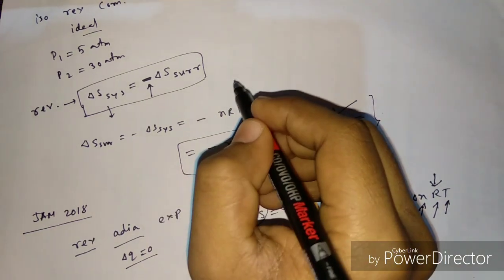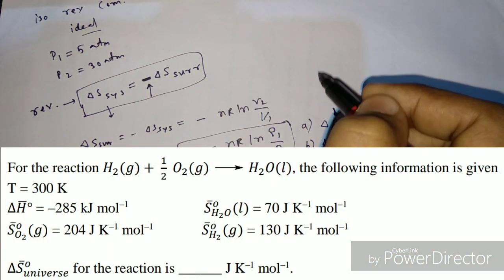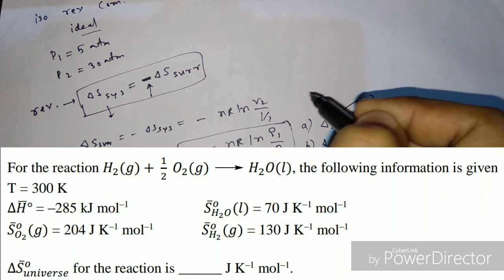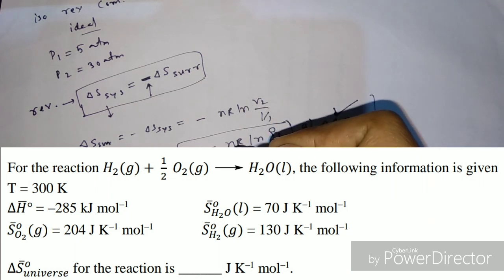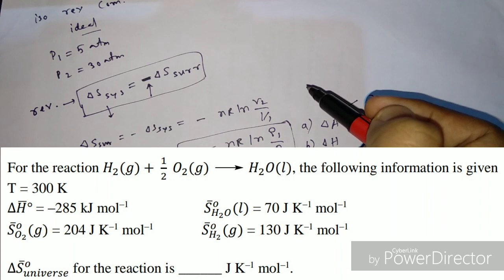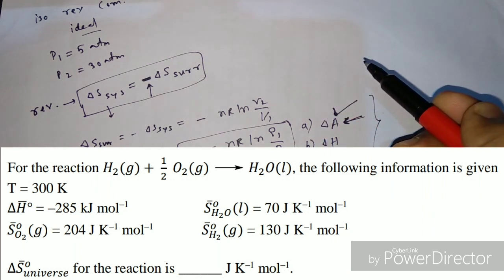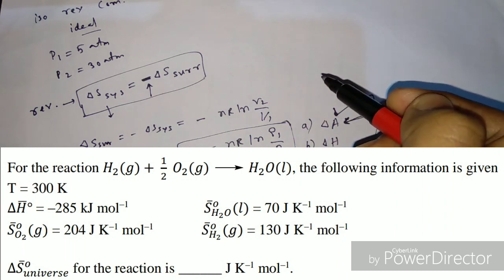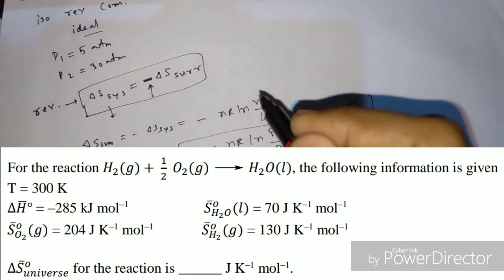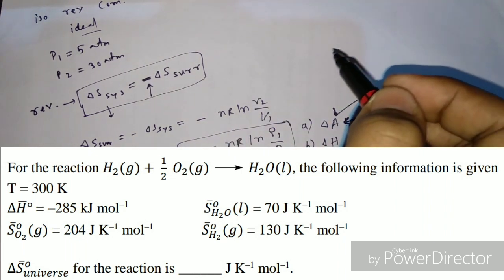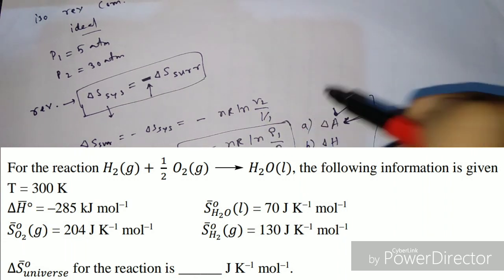The next question was H2 plus half O2 equals H2O, and here the temperature is given, and the entropy of oxygen, hydrogen and H2O is given. Here also the enthalpy is given in kilojoule, so first convert it to joule, then go ahead.